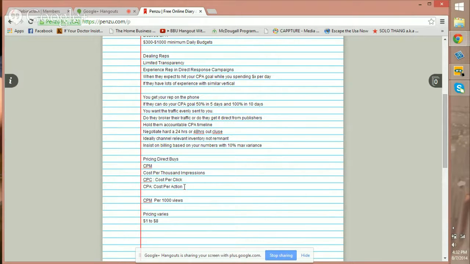So with CPM, for a submission, like a lead, if you've got high converting pages, per thousand, you normally get something between $3 to $5 per lead.